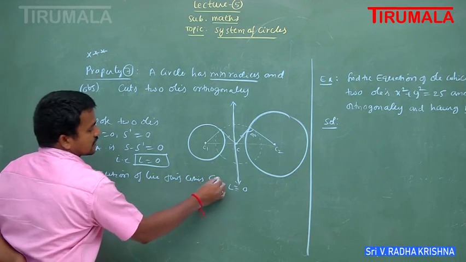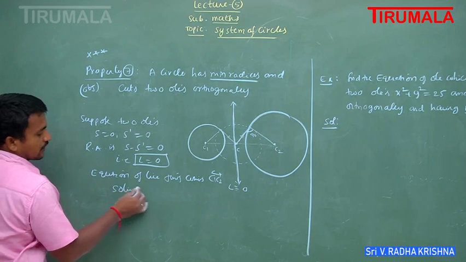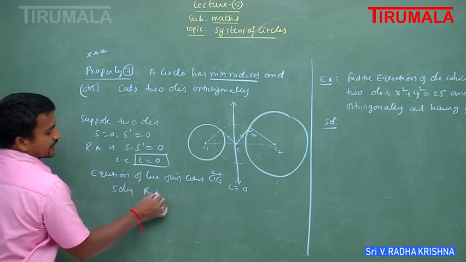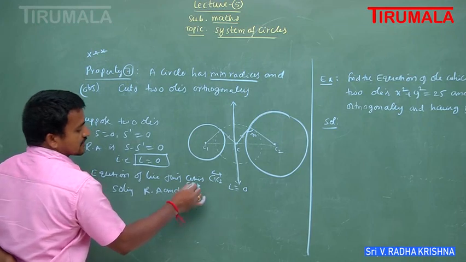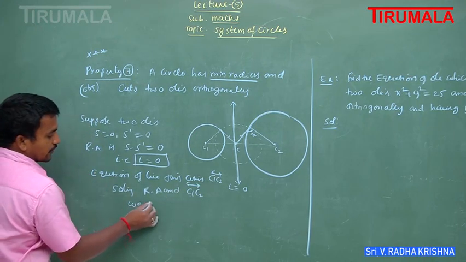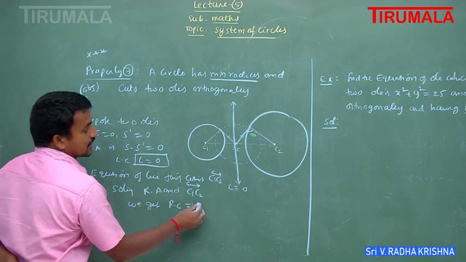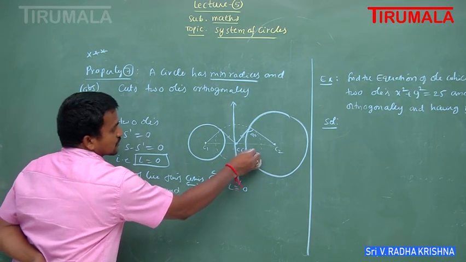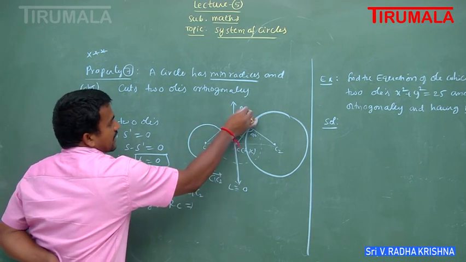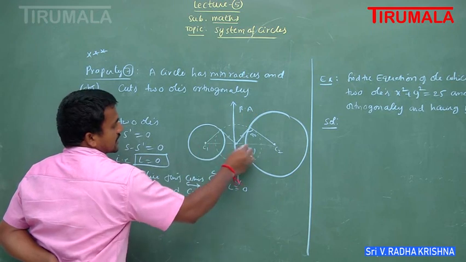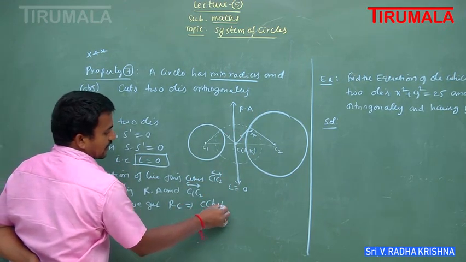That is C1 C2. So solving the radical axis and the line joining centers equation C1 C2, we get the radical center, let it be (h, k). Suppose (h, k): solving the radical axis and the line joining the centers, we get the radical center (h, k).